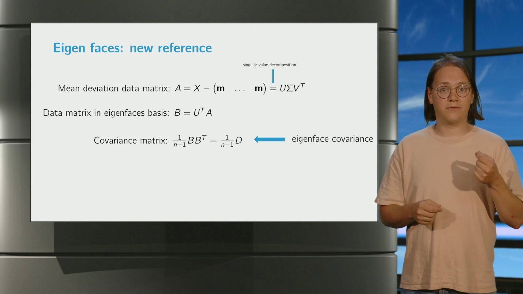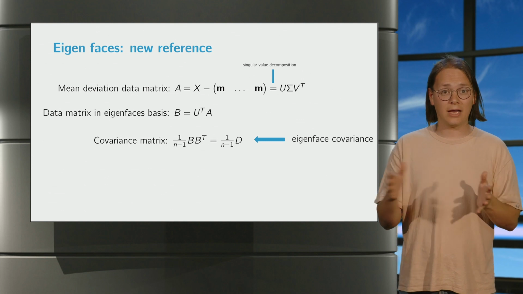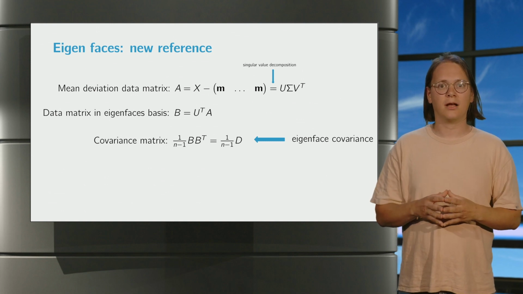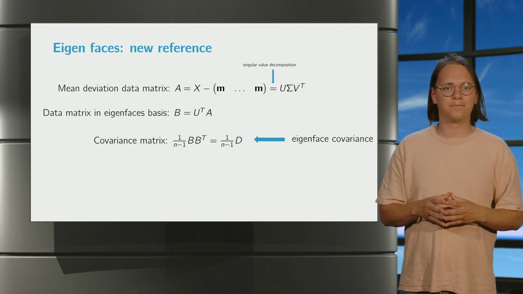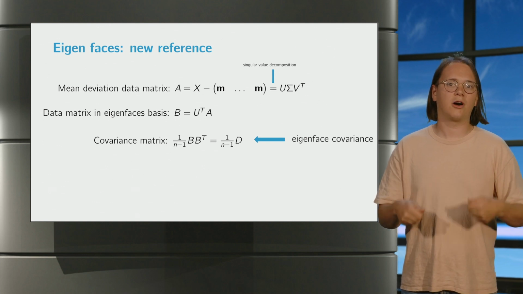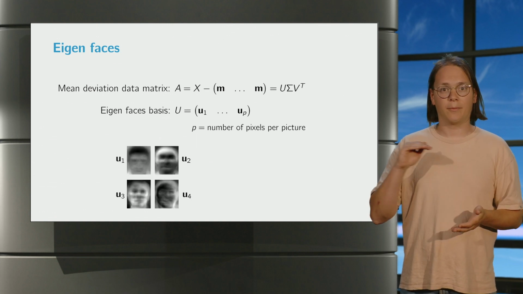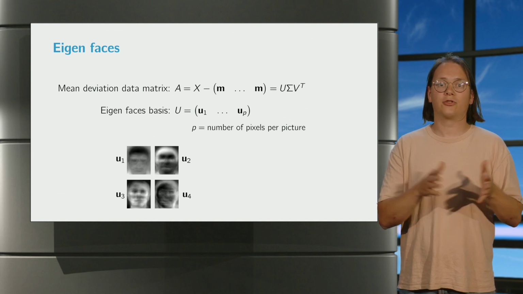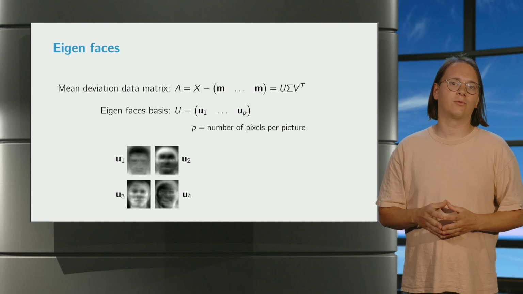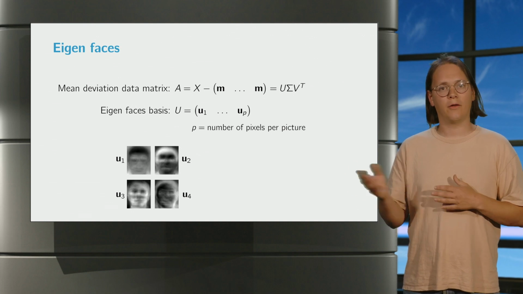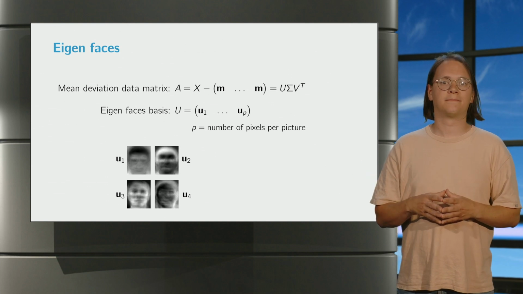The first basis vector corresponds to the most meaningful way in which a face can deviate from the average face. The second basis vector is the second most meaningful way, and so on. These pictures are what we call eigenfaces. Usually, you'll pick some cutoff and only consider the first so many eigenfaces, since the rest are much less important in your facial recognition. On the slide, you see an example of some eigenfaces for a particular dataset.